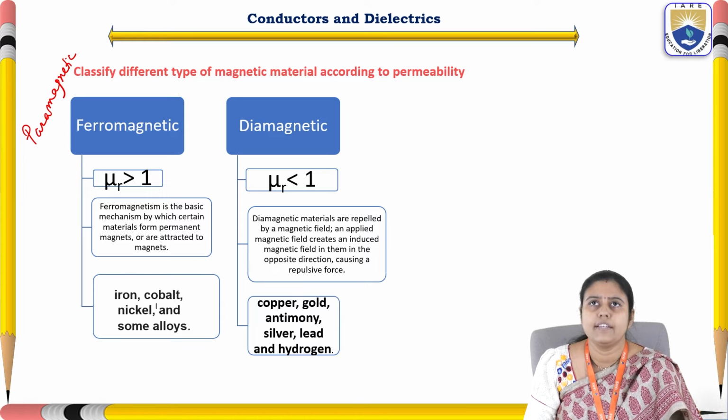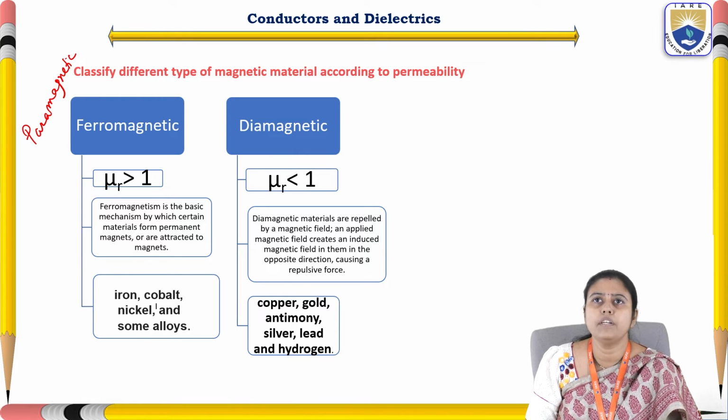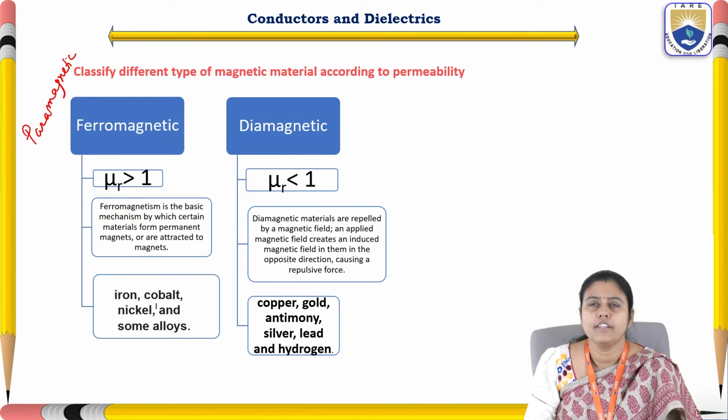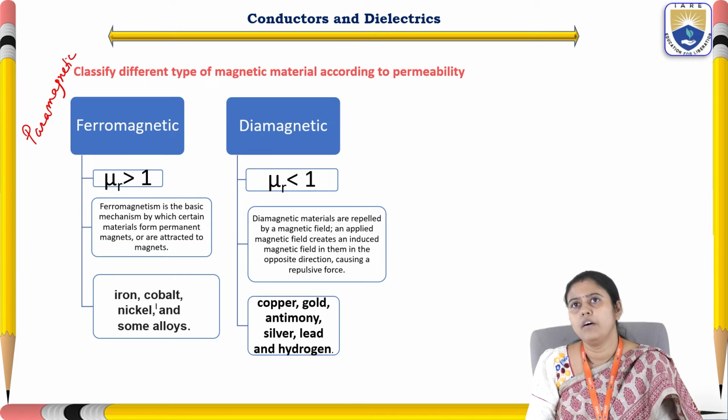What is diamagnetic? For diamagnetic material, mu r is less than 1. Diamagnetic materials are repelled by the magnetic field. An applied magnetic field creates an induced magnetic field in them in the opposite direction, causing a repulsive force.